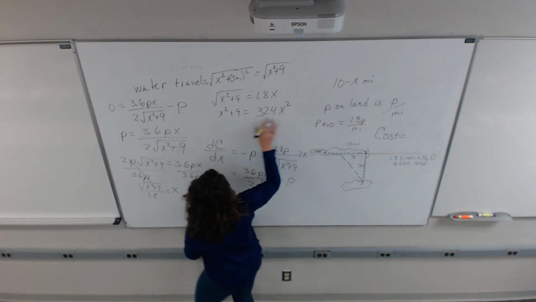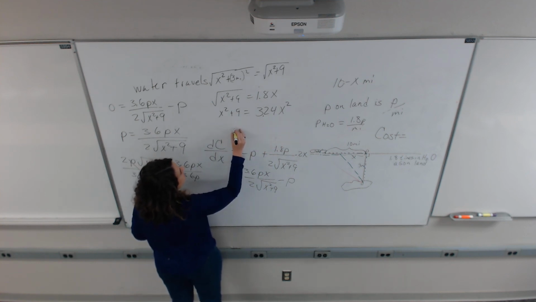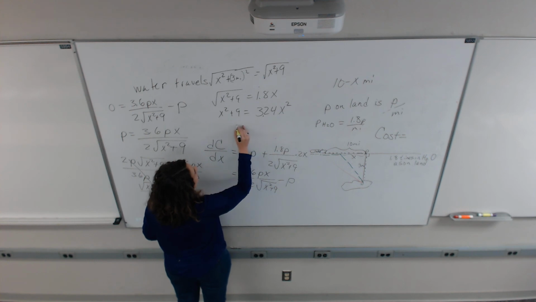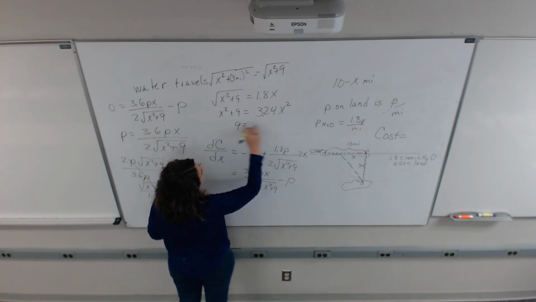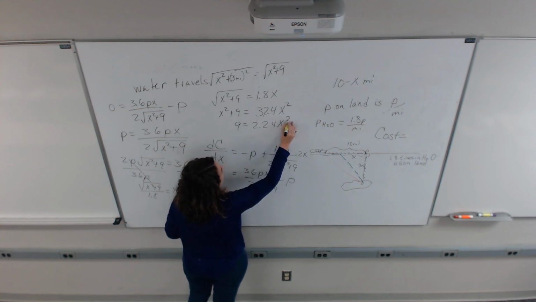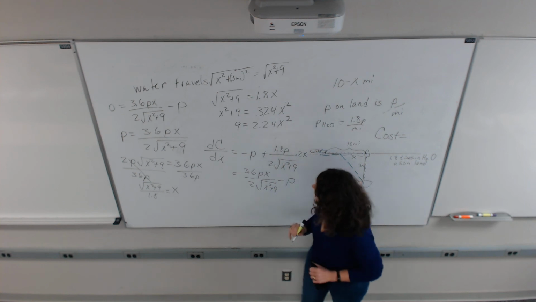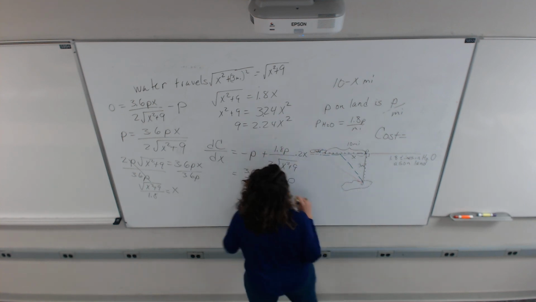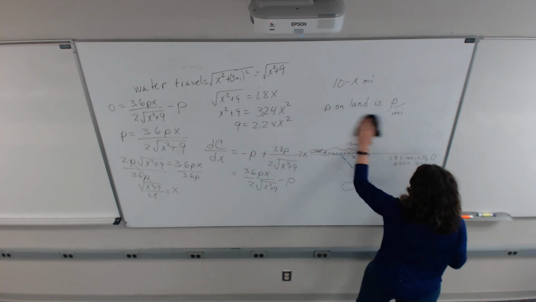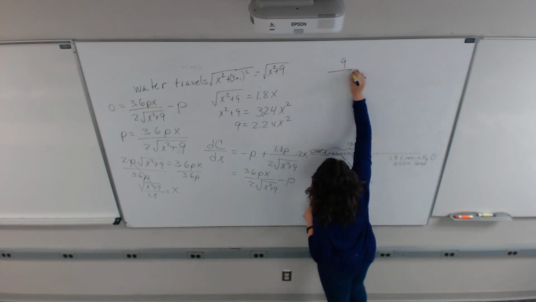Move the x squared and the 9 over here. So that would give me, or I guess I could leave the 9 there. This gives me, if I subtract the 1x squared, I get 2.24x squared, and then I can take the square root of both sides, or I can divide by 2.24 and then take the square root of both sides. Whichever one you prefer to do.